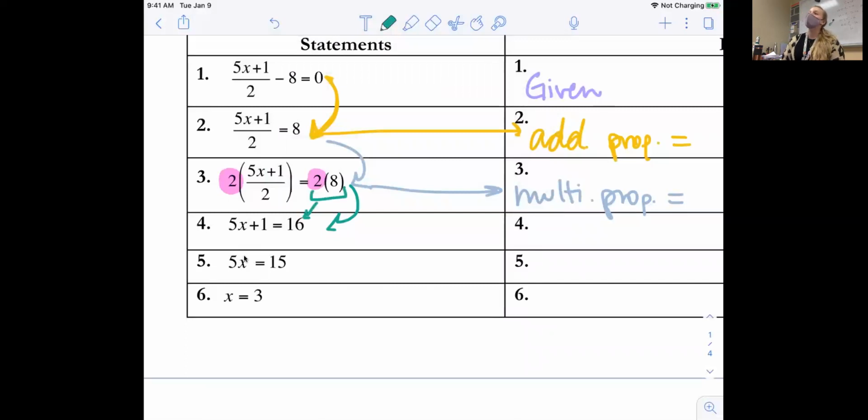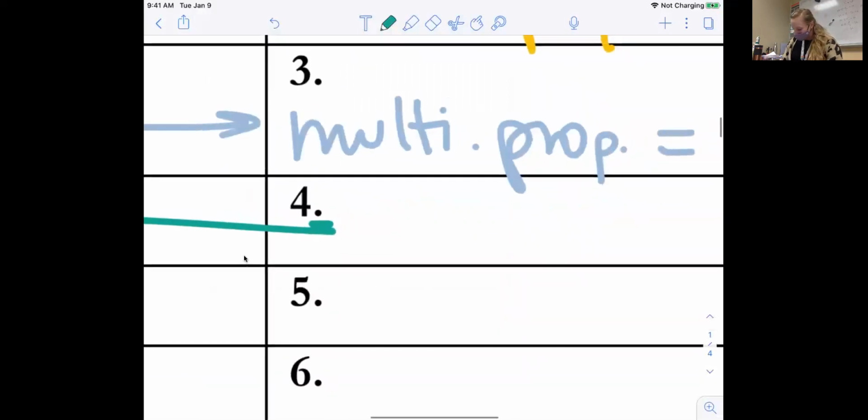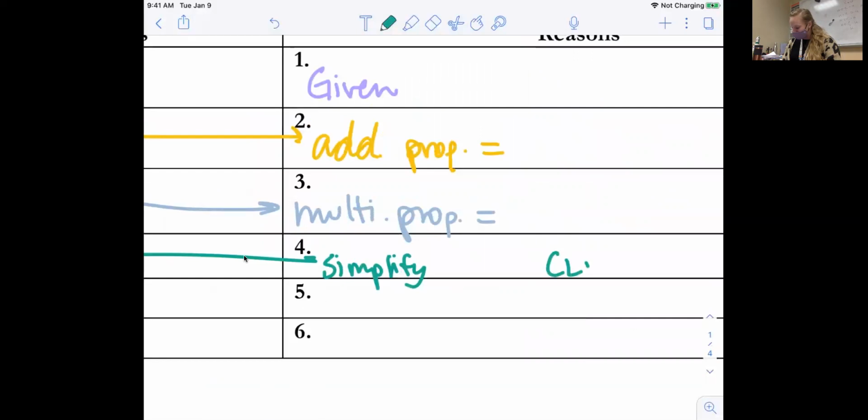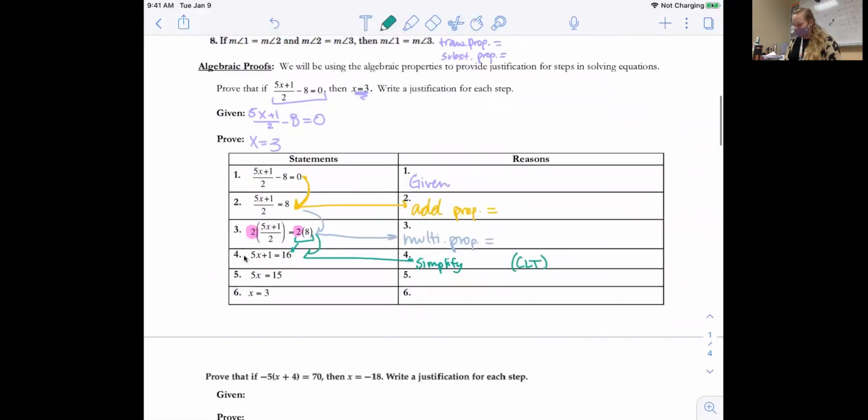So you can write combine like terms. I usually write simplify because we'll do some very obvious combine like terms later, but you can also write CLT, which means combine like terms. It was just that we simplified stuff. We cleaned it up, made it look prettier.